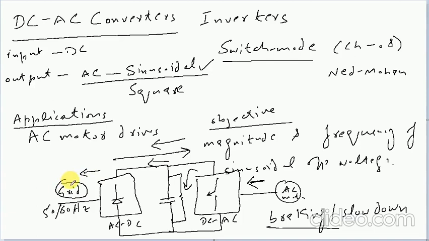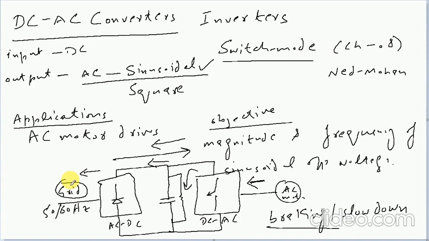The only main requirement in this case is that we have a two-quadrant converter. If you remember, we had this discussion earlier in the case of rectifiers as well: the converter should allow the reverse DC current to flow.